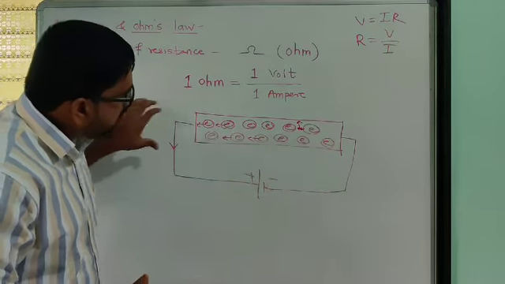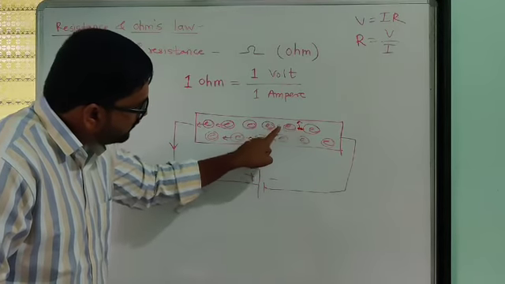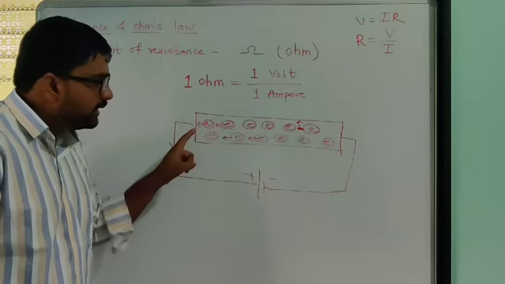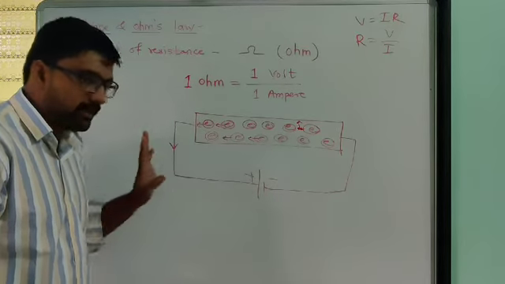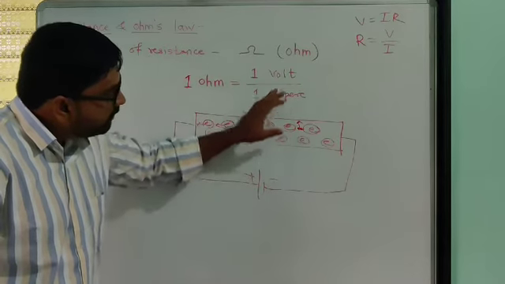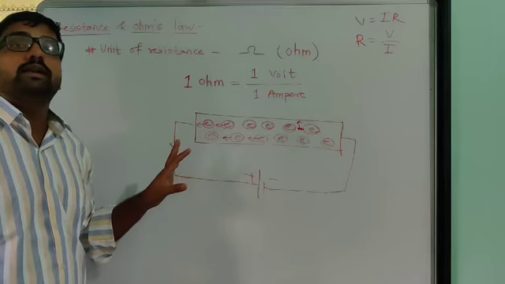When electrons are in motion, collisions take place between them and the atoms and ions present inside this conductor. Due to that, the path of those electrons goes on deflecting.